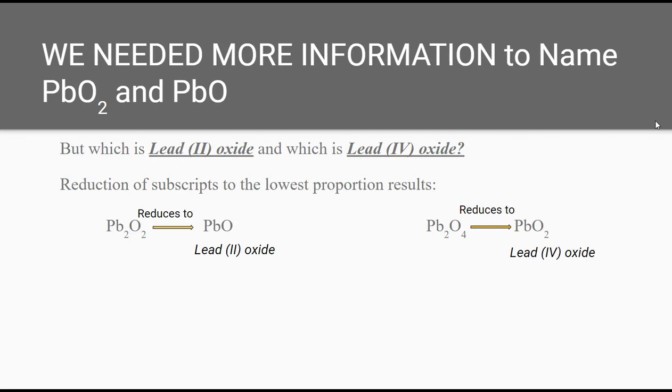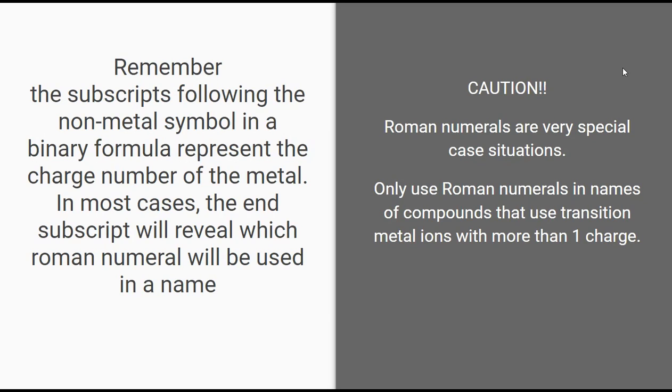In that situation, you would need to be careful. So this would be the most complicated ionic formulas to write with Roman numerals. Remember, the subscripts following the nonmetal symbol in a binary formula represent the charge number of the metal. In most cases, the subscript will reveal which Roman numeral will be used in the name.